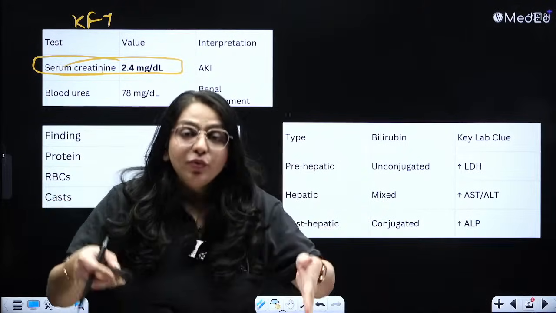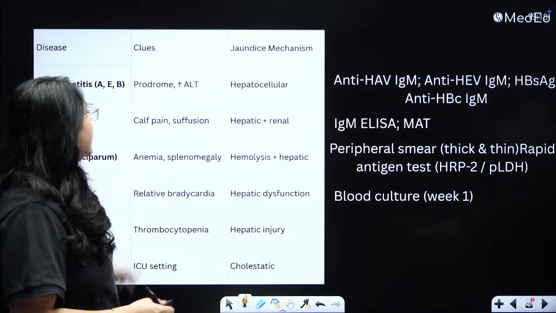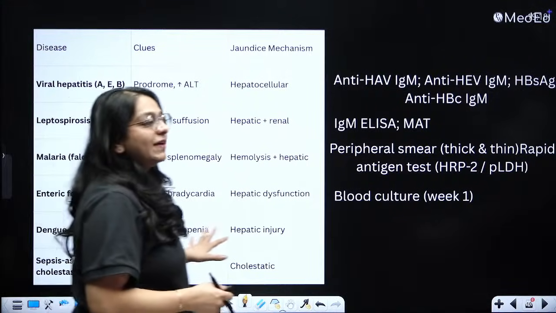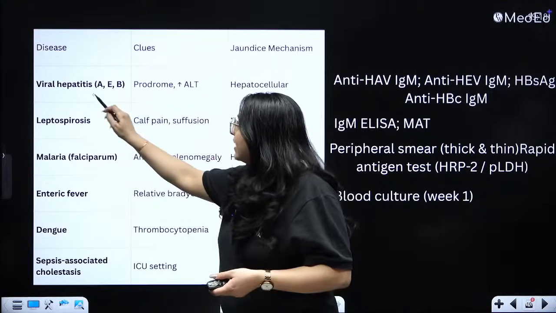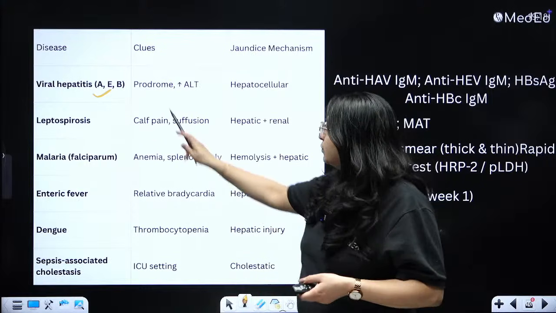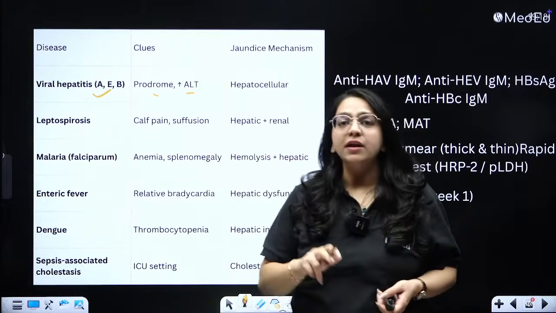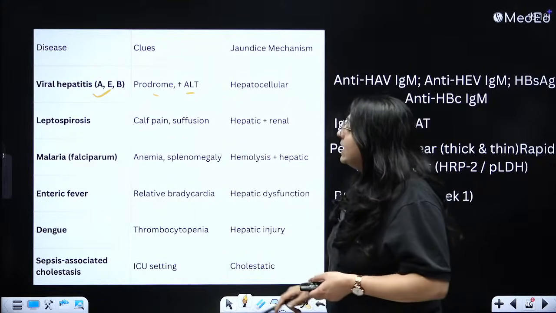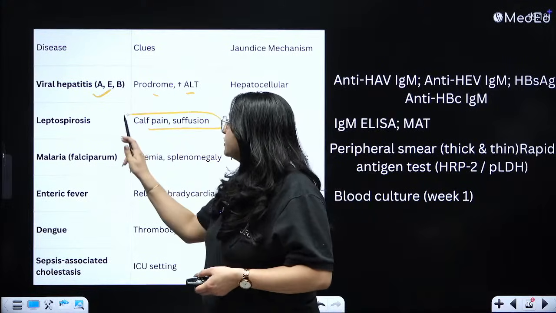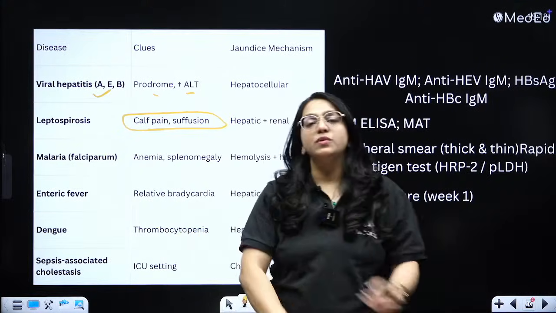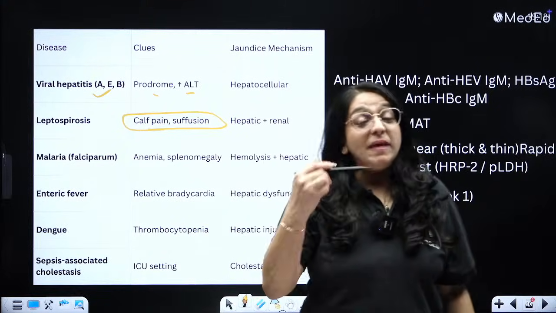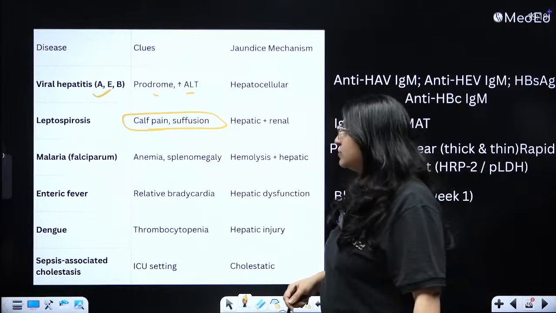Now, I'm getting narrower and narrower to my diagnosis. Amongst the infectious causes, viral hepatitis is of course associated with the prodrome and raised ALT, which are both present in my patient. Leptospirosis, the cough, pain and suffusion, and the history of sanitation worker are really making me biased towards leptospirosis.